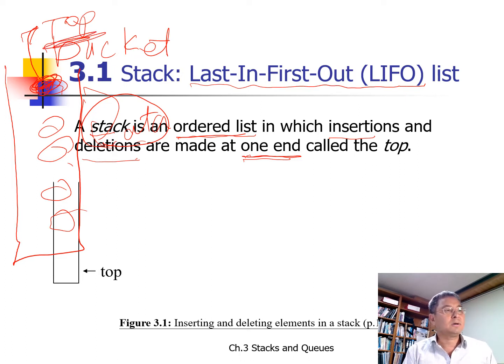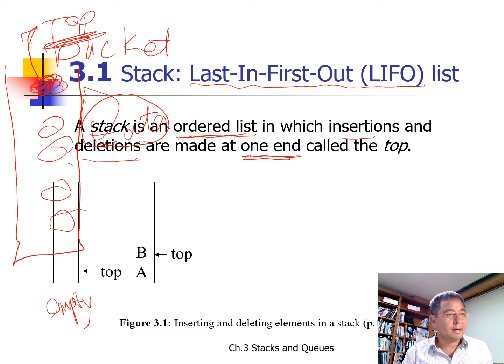At the first time it is an empty bucket, an empty stack. Next, data A is stored here, and next data B is stored here.